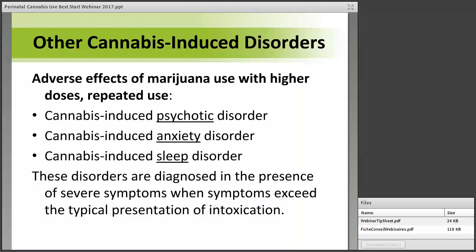These conditions typically get more diagnosed when the symptoms that occur are much more severe than you would get with a high or with a regular use of cannabis. So it is very worrisome that cannabis increases the risk of psychosis 3 to 6-fold, and that cannabis can also promote the development of schizophrenia, and in those individuals with schizophrenia, it can lead to a poorer prognosis. So there is negative effects of using cannabis beyond the initial high.